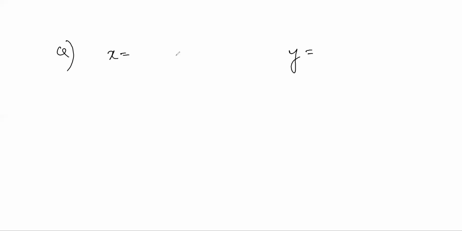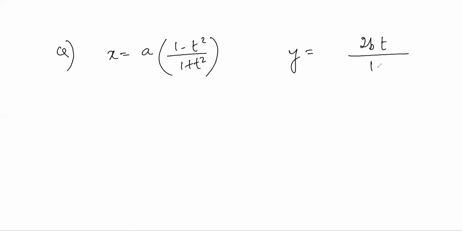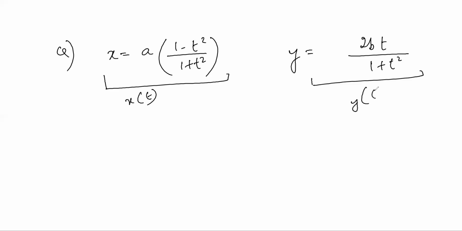Okay, so suppose our question is x is equal to a times (1 minus t square) by (1 plus t square), and y is 2bt upon 1 plus t square. So as you can see, x is a function of t and y is also a function of t, and we are asked to find dy by dx.